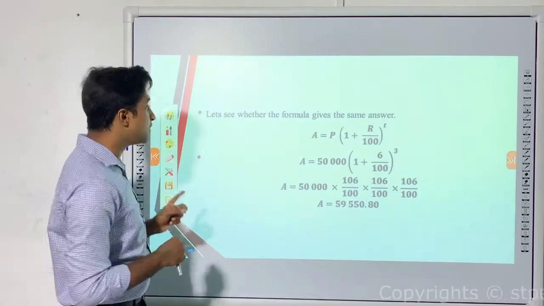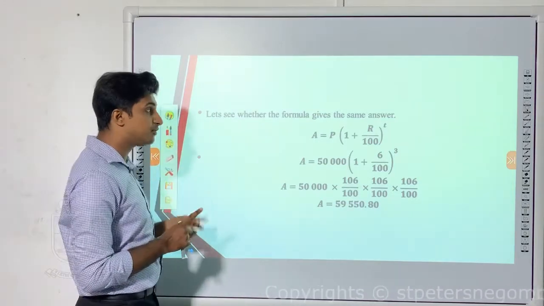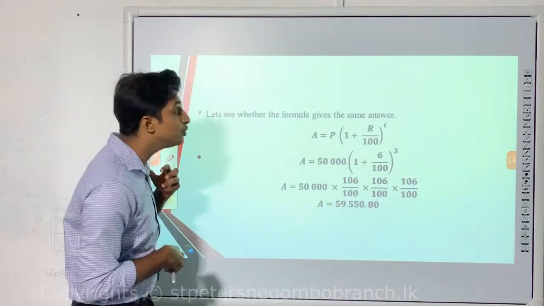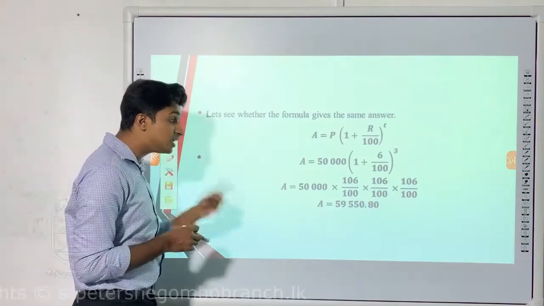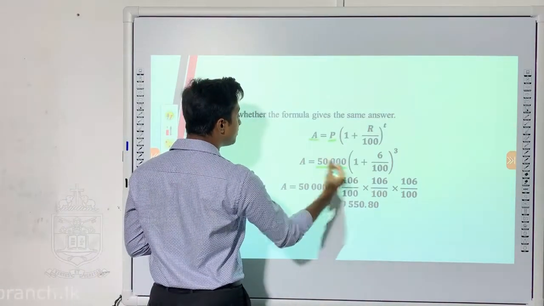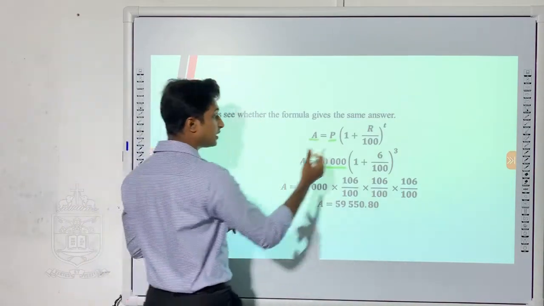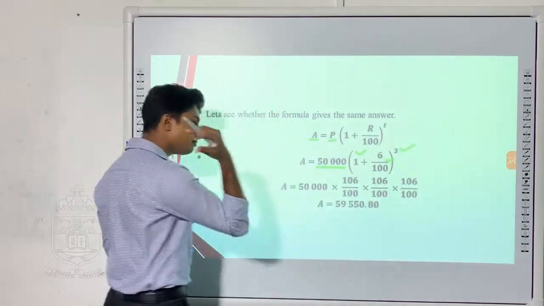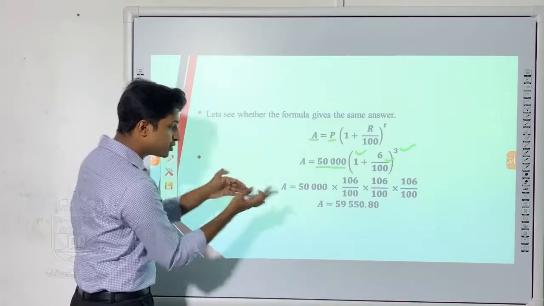So before we finish, we have to do the same question, especially for the person who has invested at a compound interest rate. We have to use the formula and see whether we still get the same answer. See, the total amount is going to be the principal amount 50,000 times bracket 1 plus 6 over 100 to the power 3. We just take it directly without going through those 3 steps.